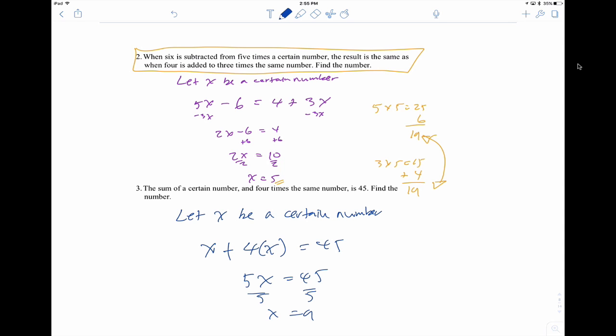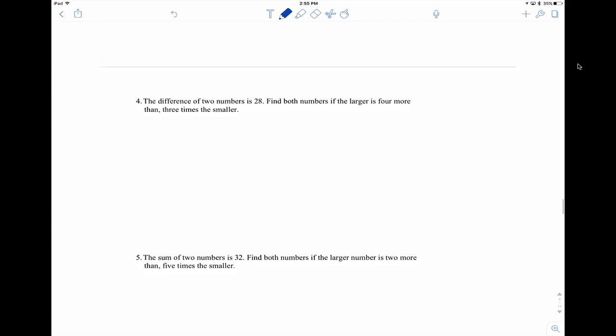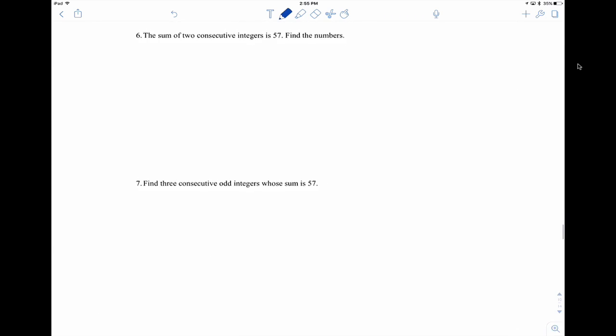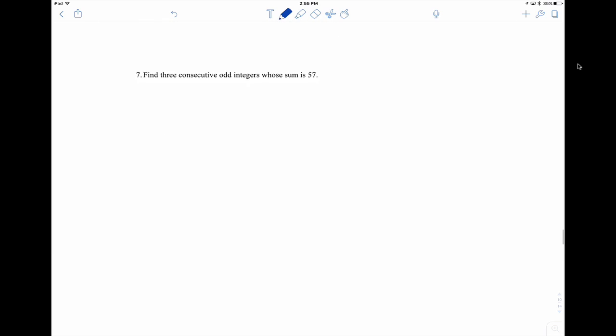Let's do the consecutive integers, let's do 7. Find 3 consecutive odd integers. Let x be the first.